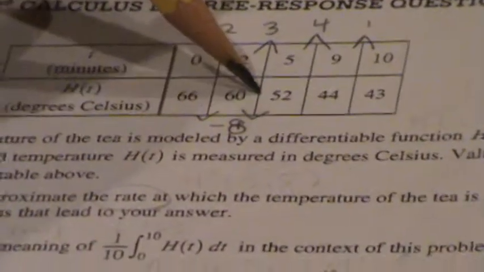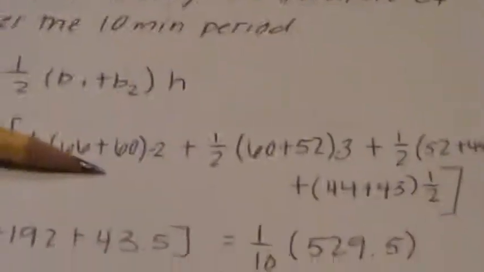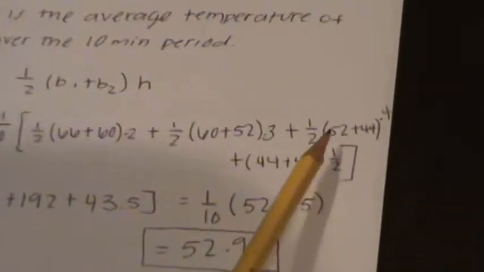You look at the chart, base 1 is 66 plus 60 times the change in time, which between these two is 2. Plus 1/2 times 60 plus 52, which is the next interval, times 3, the change between those two. Plus 1/2 times 52 plus 44, once again up here, times 4, the change in time.